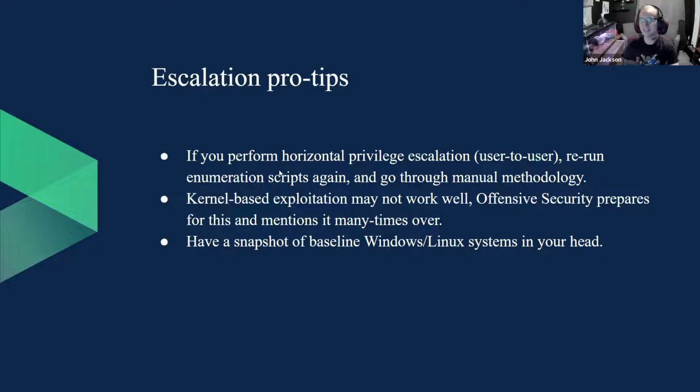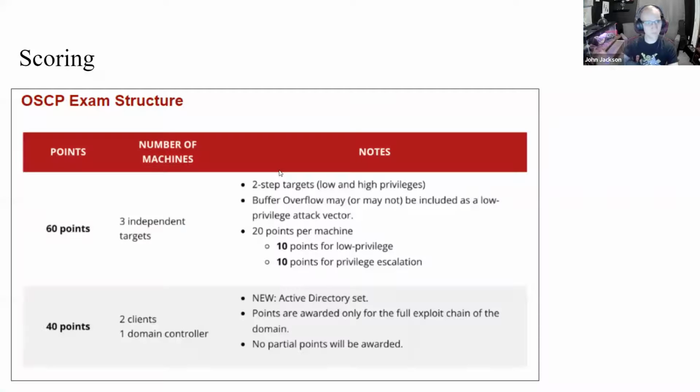It's hard to say without giving it away, but most people can tell you by now that a lot of the stuff has to do with exploiting services or programs that are out of the ordinary. So just keep that in mind and have a baseline. Once you look at enough Windows machines and Linux machines, you're going to know what to look for 100%.